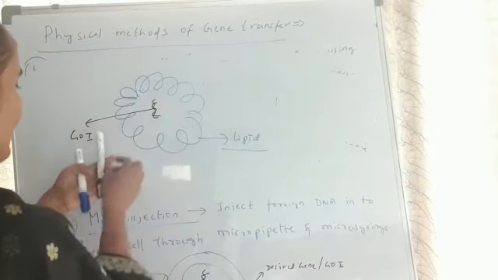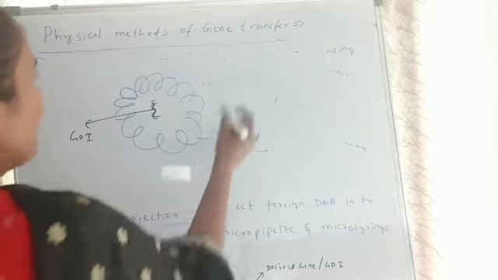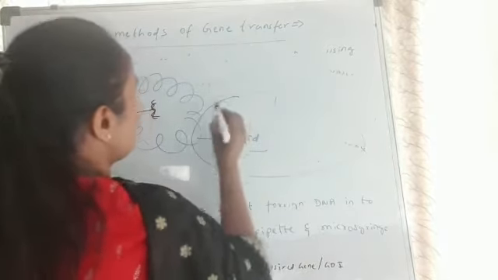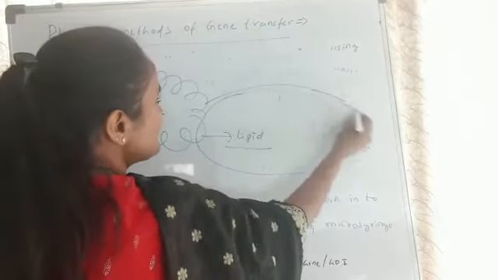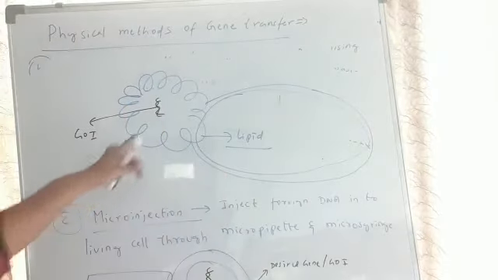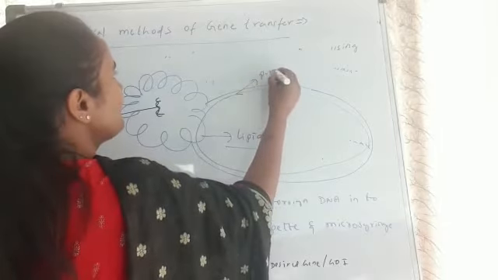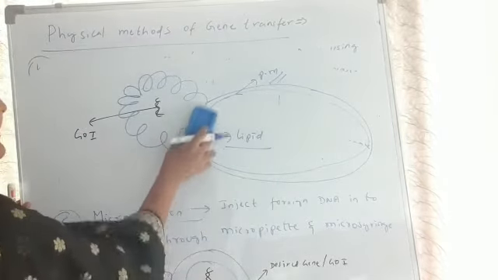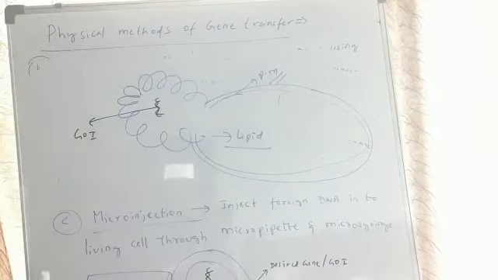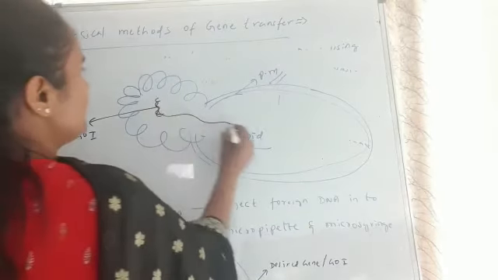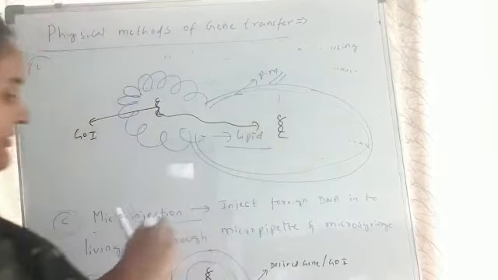These liposomes are attached to the plasma membrane. When they attach, they fuse with the plasma membrane, and the gene of interest is sent inside the target cell.